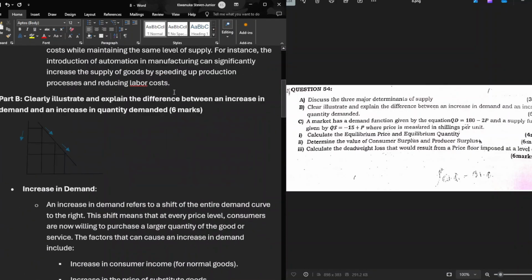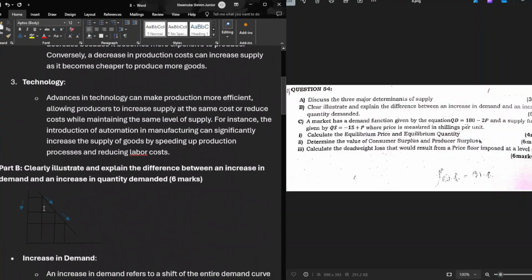because you realize that you will form something like this for consumer surplus. Let me copy and paste it and shift this.